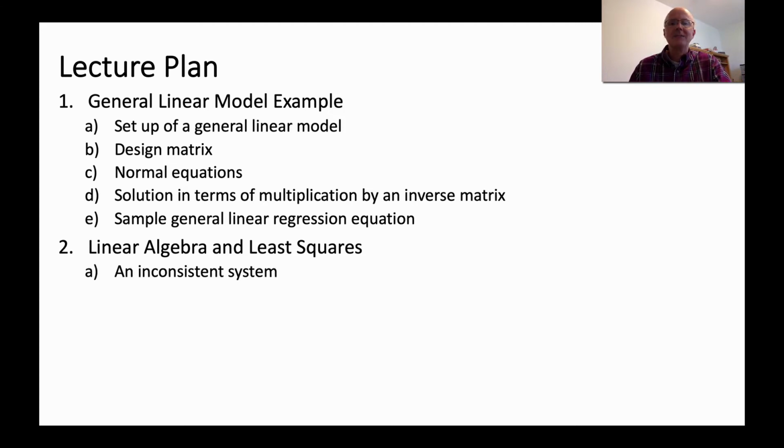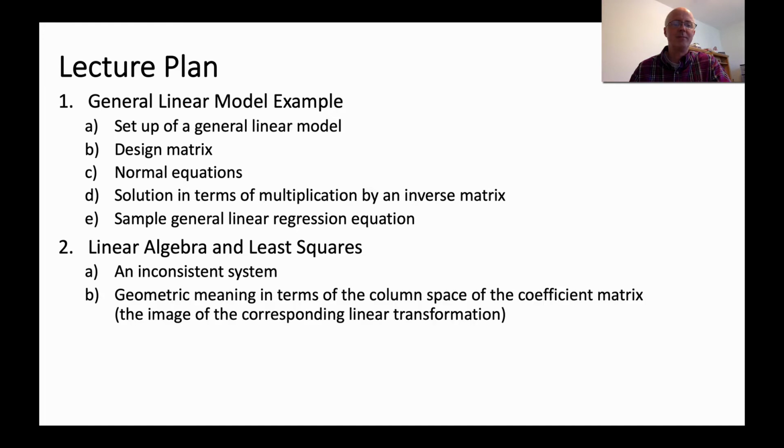In that context of linear algebra, we're going to be looking at an inconsistent system of equations. We'll have 3 equations and 2 unknowns. It'll be a linear system. It will be inconsistent in the fact that it won't have a solution, but it will have a least squares solution. The geometric meaning is key. We'll look at the geometric meaning in terms of what's called the column space of the coefficient matrix, which is also the same thing as what's called the image of the corresponding linear transformation.